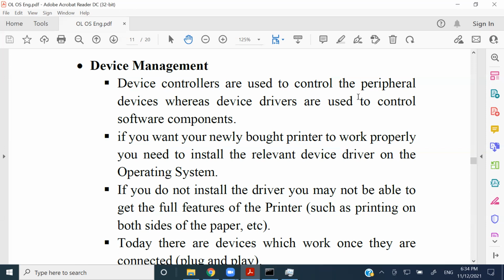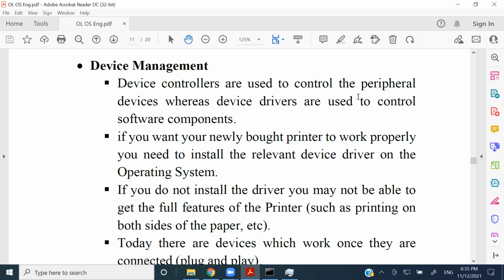But if the printer is capable of printing different sizes, without installing the drivers, the operating system will not understand that the printer has that much capability, right?